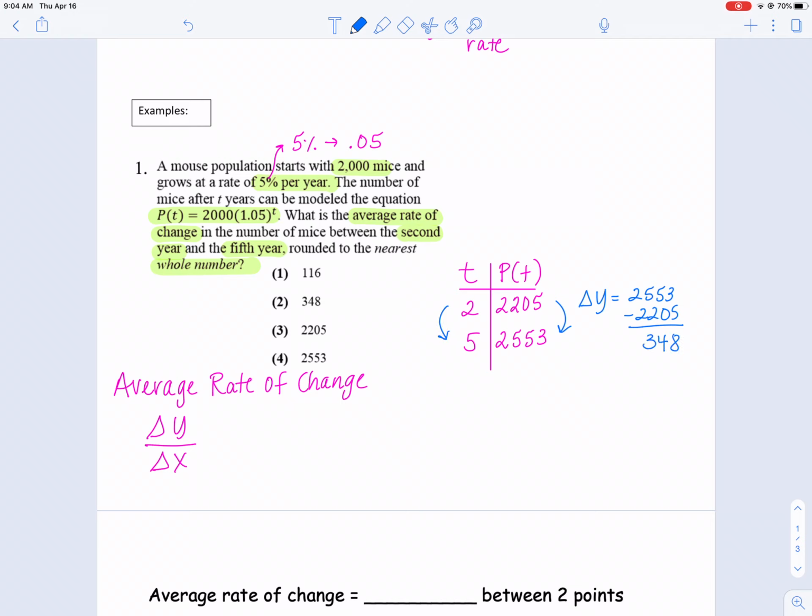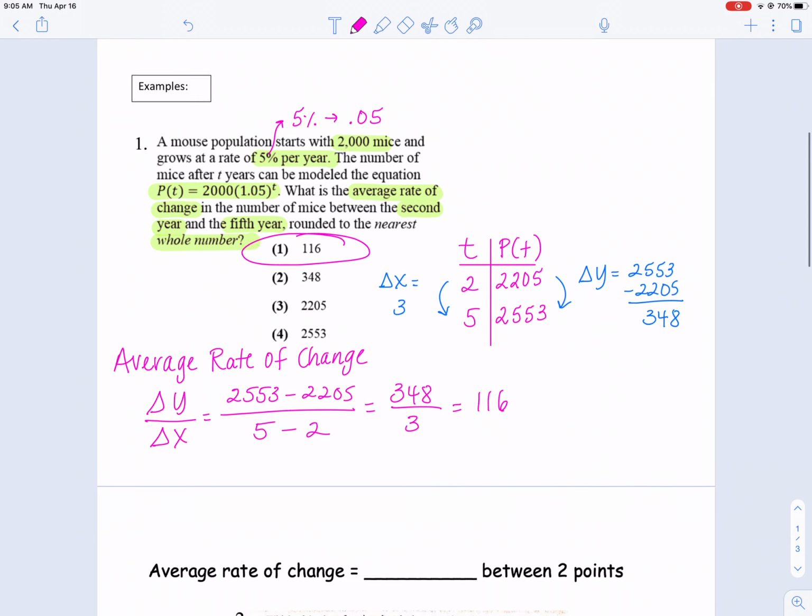And here, the change in x is 5 minus 2, which is 3. So again, you could show that here. You could say, okay, 2553 minus 2205 over 5 minus 2. And that would be 348 over 3, which when you divide is 116.